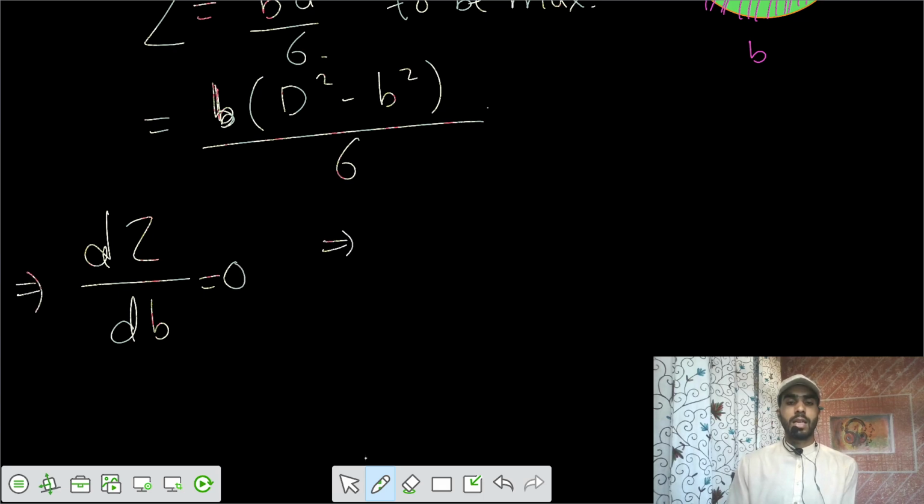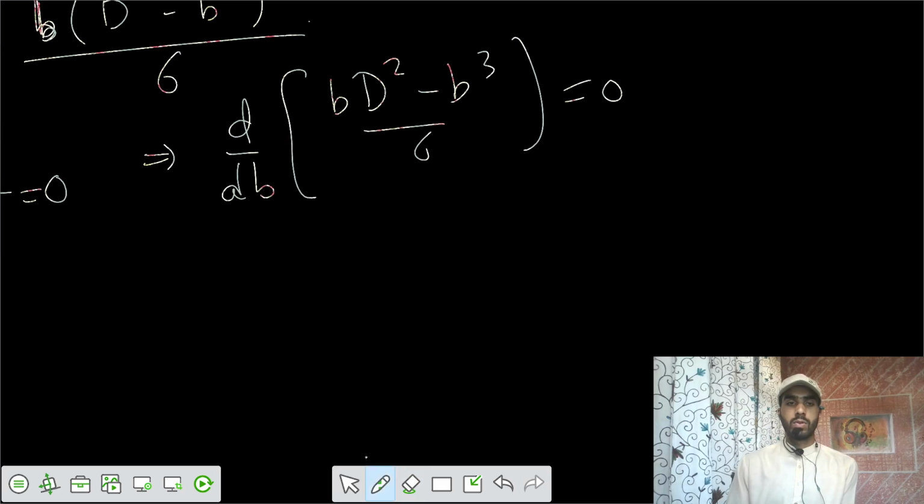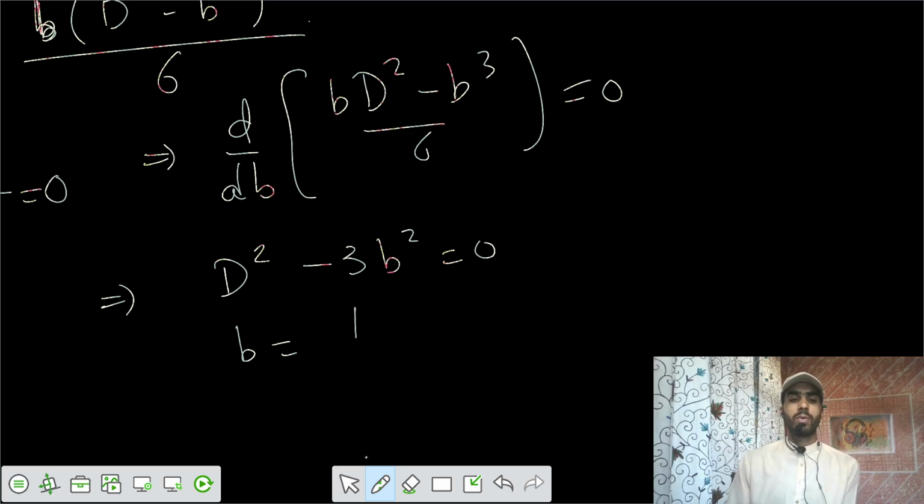That means differentiation of that function, bD square minus b cubed by 6, equals 0. So we get D square minus 3b square equals 0. That means the width of the beam should be equal to D by root 3.